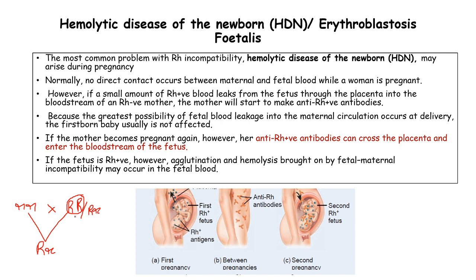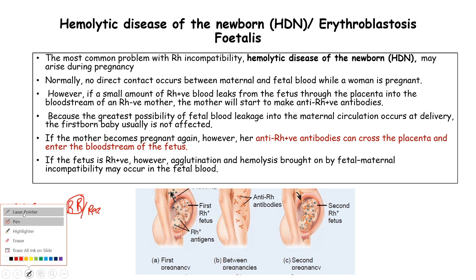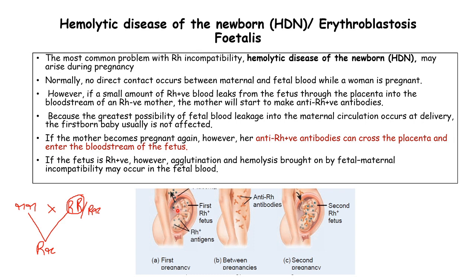Only the important materials required for the growth and nourishment of the embryo pass through the placenta, and some antibodies also pass through the placenta. Other than that, there is no direct mixing of blood. So the first pregnancy, as you see in this diagram, will not create a problem.